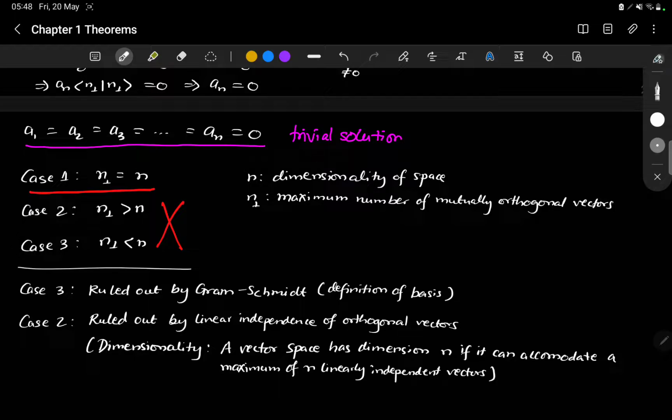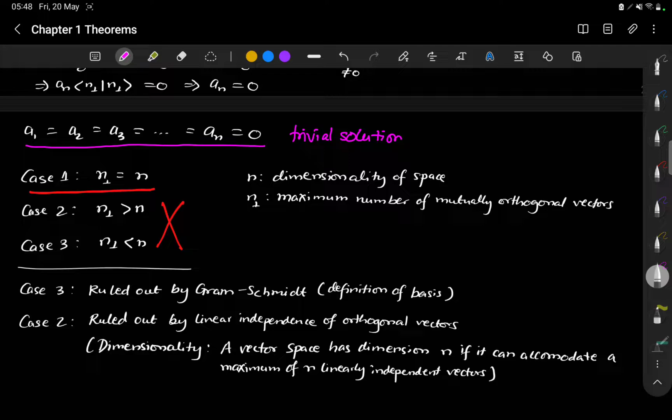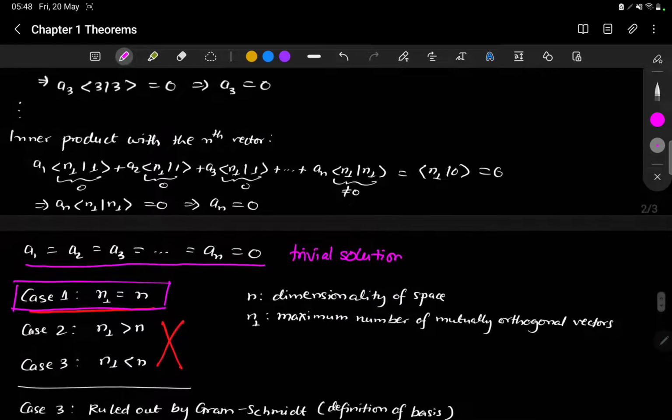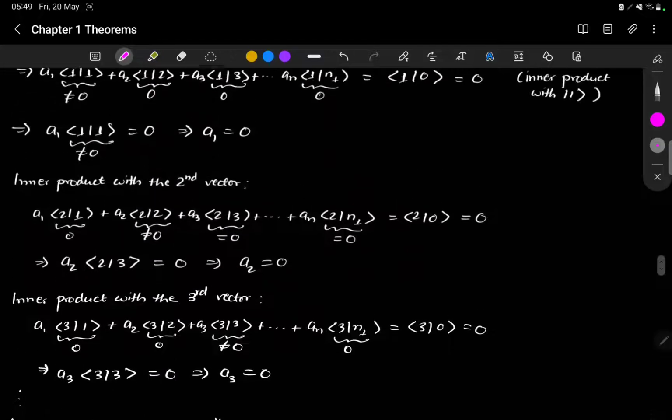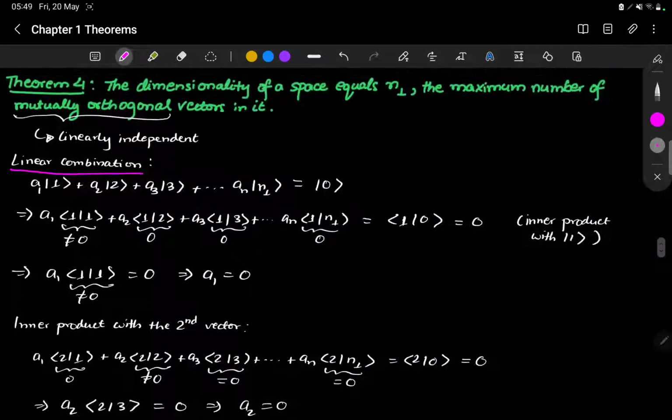So we are left with only one case, that n perpendicular is equal to the dimensionality. So we finally prove the theorem saying that the dimensionality of a space would be given by the maximum number of mutually orthogonal vectors present in that space.